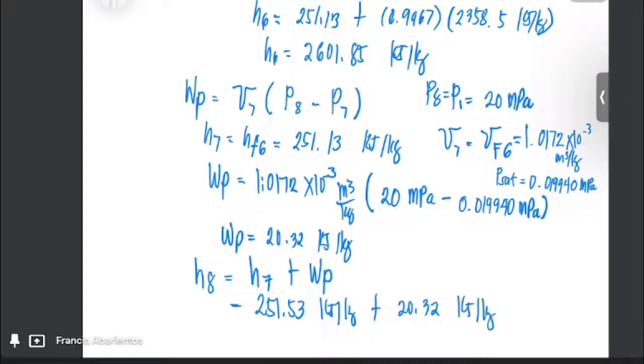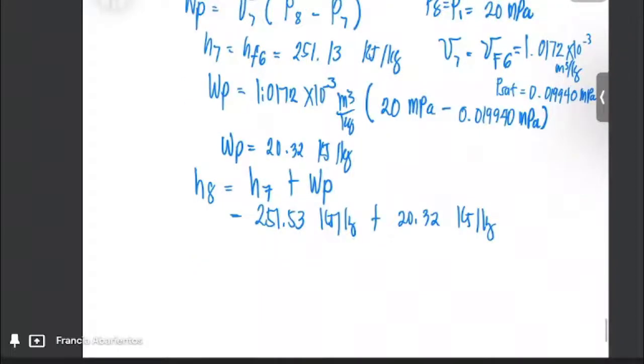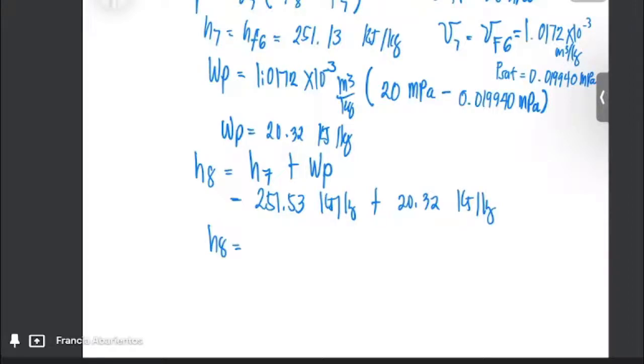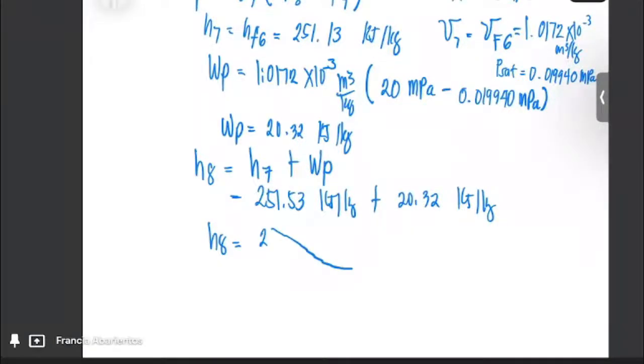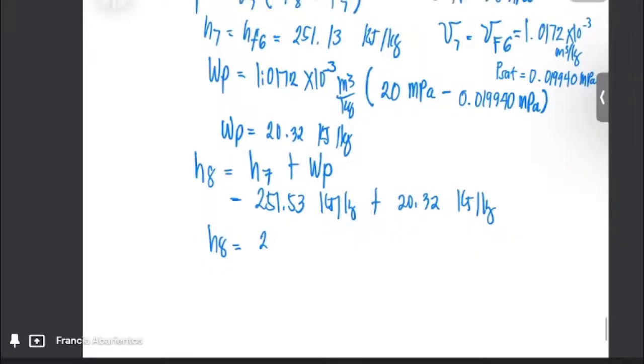So, finding the H8, we have now ilan? 20.32. We have 200, ayan. 271.85. 85 ba? Bakit 85 sa akin?